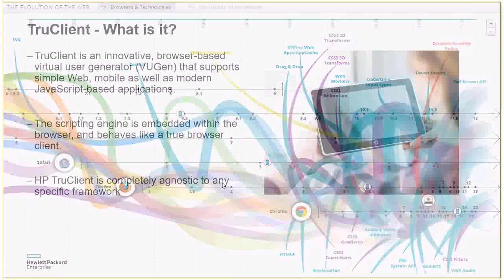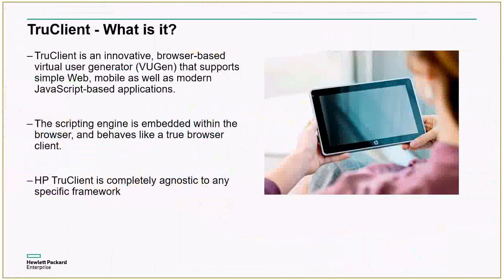So TruClient is a browser-based virtual user. It's an extension in the browser that works at the DOM level. It doesn't work at the HTTP level. Unlike Web HTTP, which has an engine that simulates the HTTP requests and responses that happen as a result of working with a real browser, TruClient doesn't emulate that.